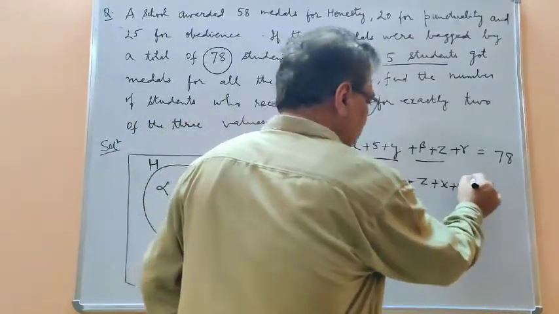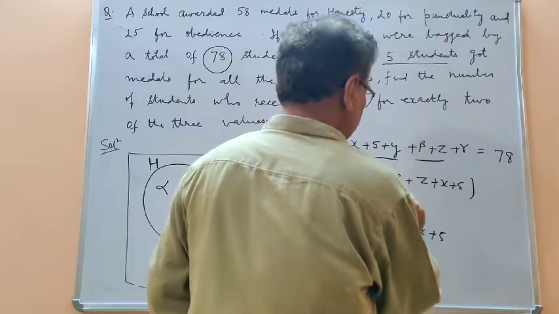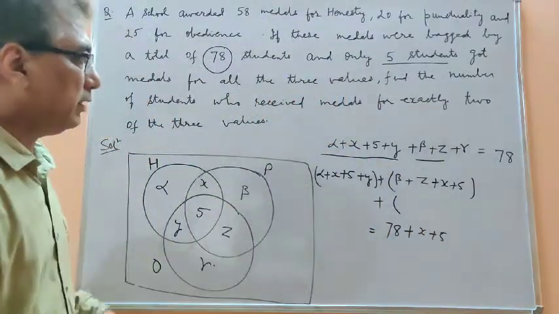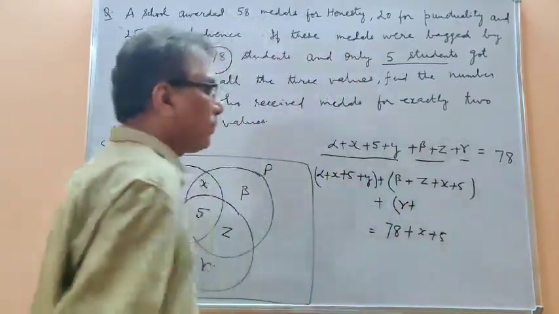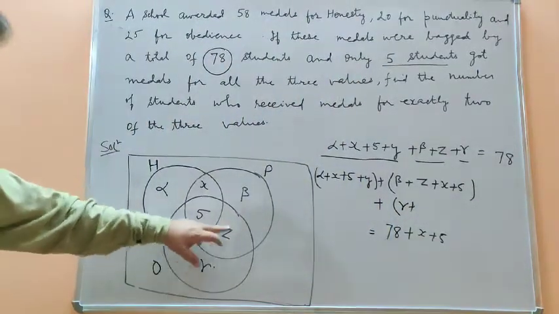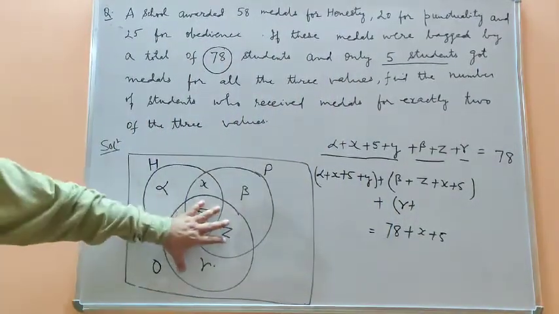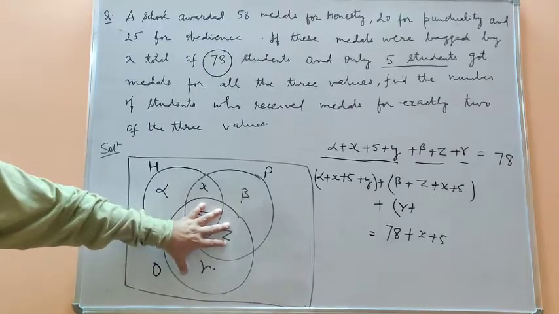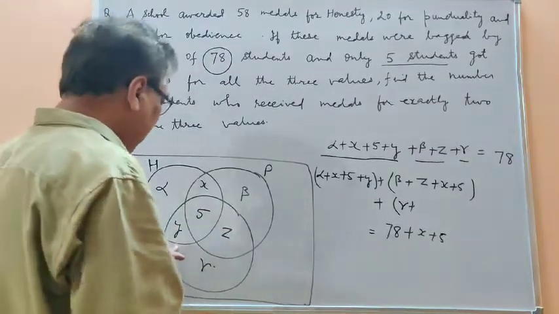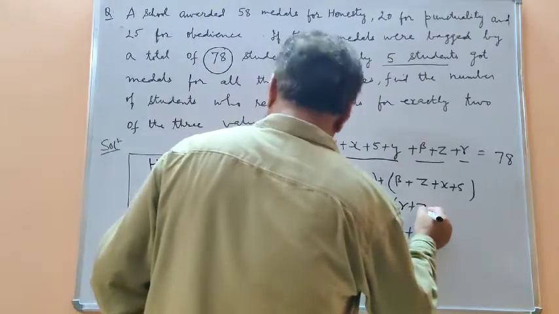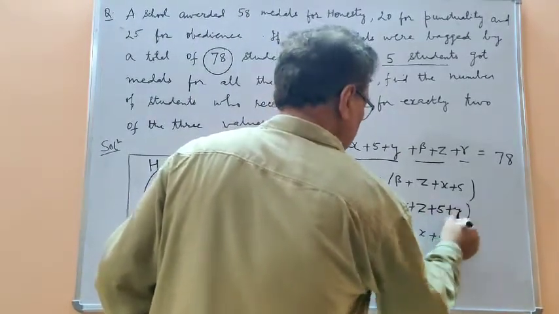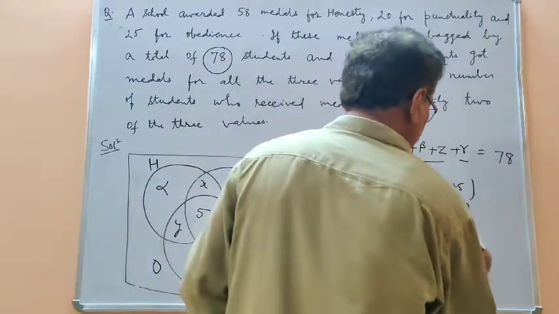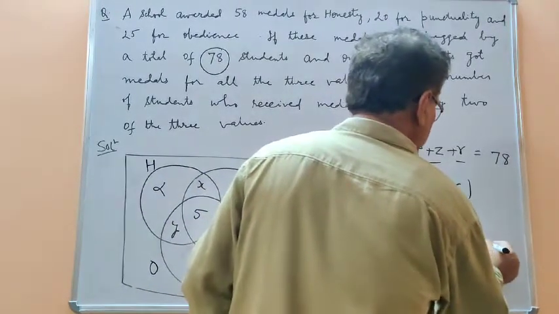This number plus the next one in which only gamma is left. So gamma I have written here. With gamma we need these three numbers also to replace them by 25. So that's why I have to add z plus 5 plus y, and the same I have to add on the right hand side also.